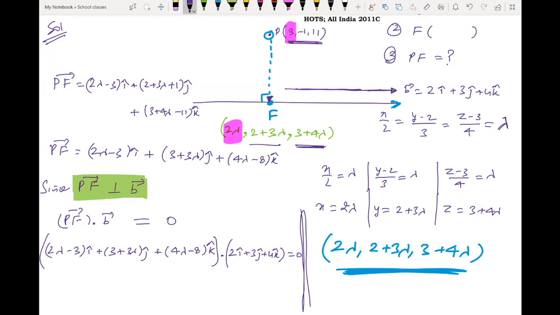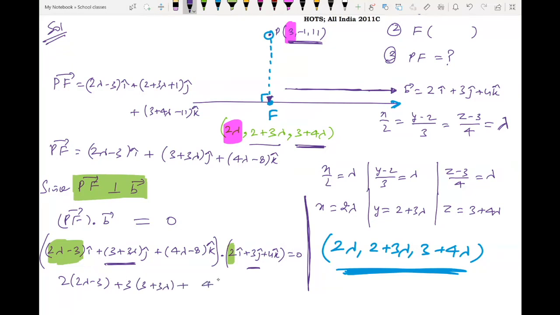Okay, you just multiply it and you will get the value of lambda. I told you how to find the dot product. We basically multiply their corresponding scalar components. So 2 multiplied by 2 lambda minus 3, then 3 multiplied by 3 plus 3 lambda, then 4 multiplied by 4 lambda minus 8, equals 0.